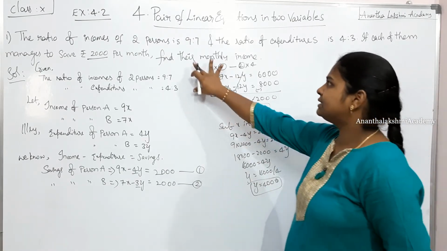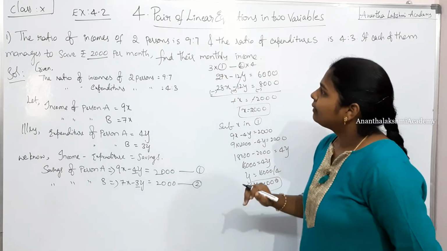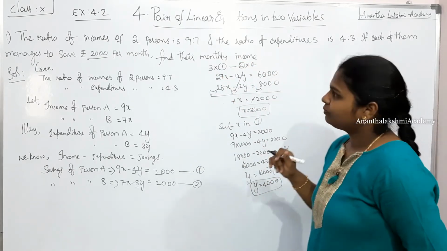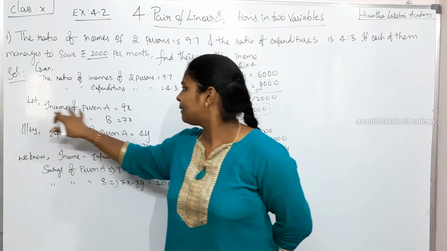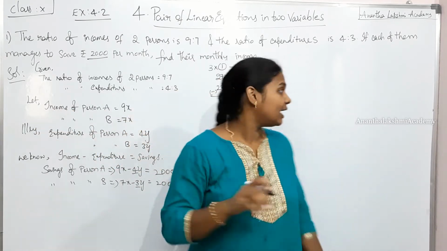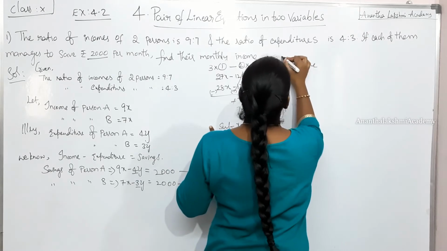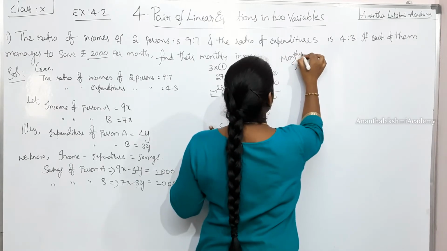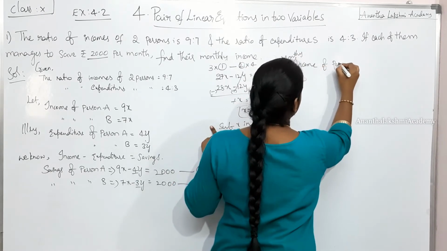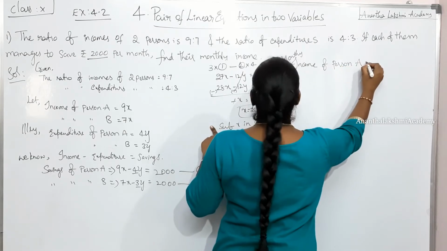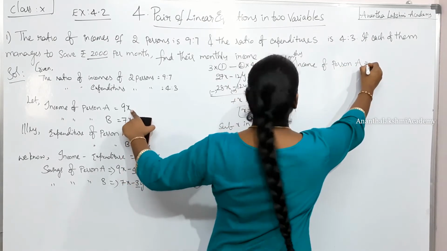So what did they ask us to figure out? Find the monthly income of both the people, no? Okay. So what is the monthly income of person A? Monthly income of person A is equal to 9x.